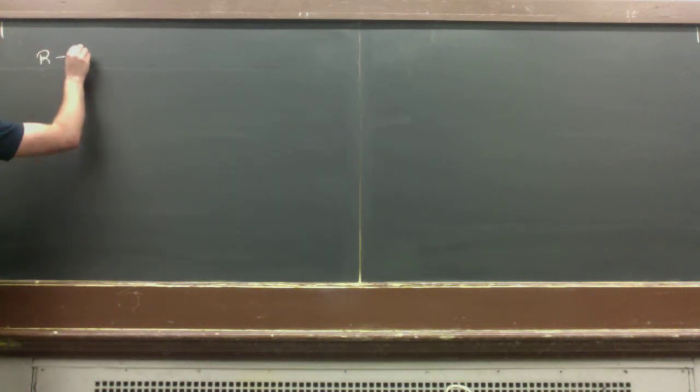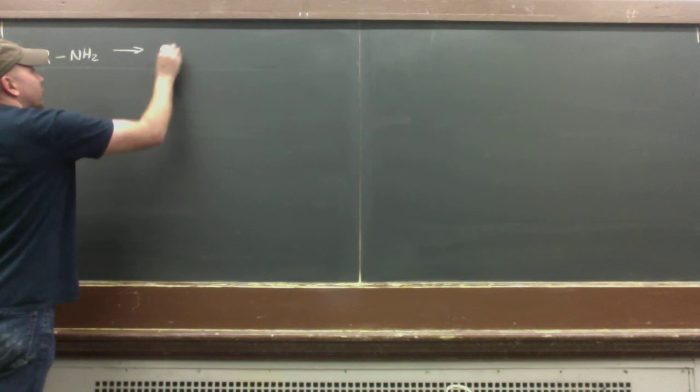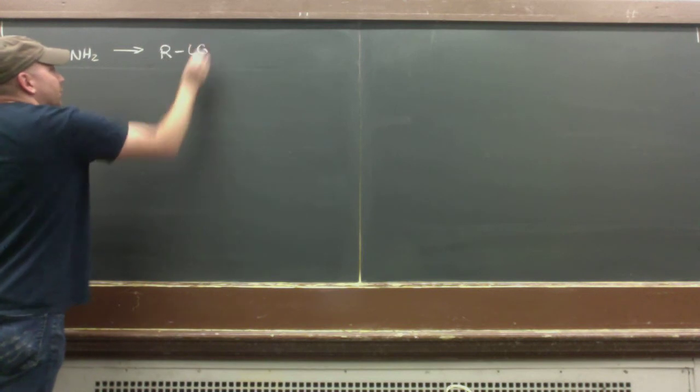I made the comment last week that much of the chemistry you end up seeing in this specific chapter involves the conversion of this R group to some other leaving group.